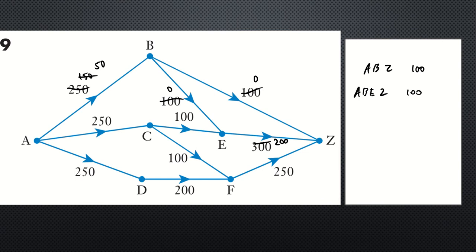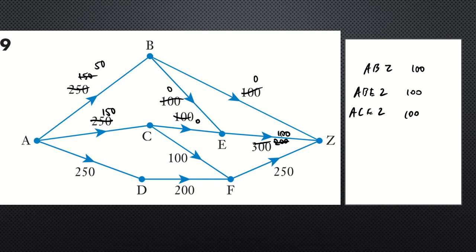So next, we're going to go from A, C, E, Z. So we've got 250, then 100, then 200. So C to E is letting us down a little bit. The maximum flow we can fit through that path is 100, so that's going to become 150. That's going to become 0 because we've used all of that. And this is going to come down to 100. And we used 100 as well.